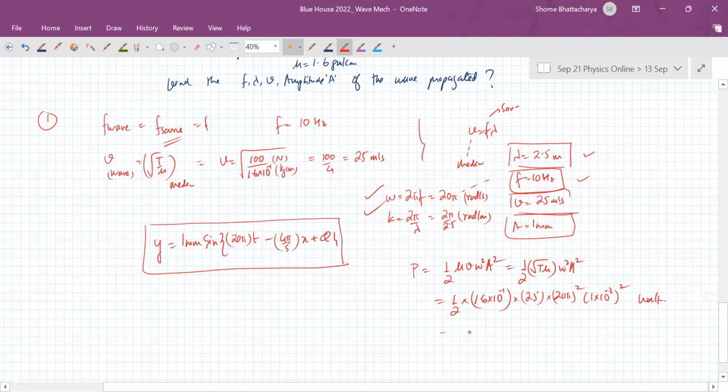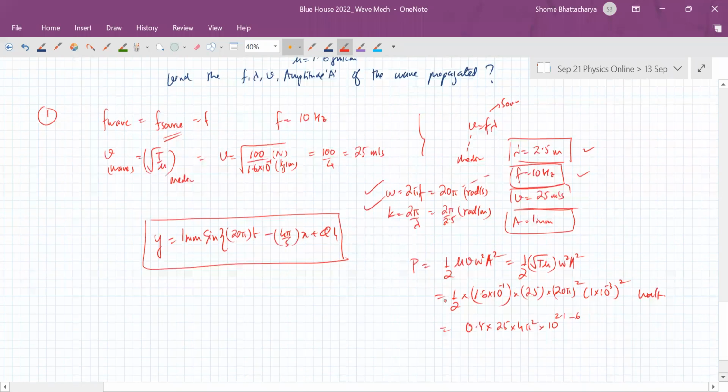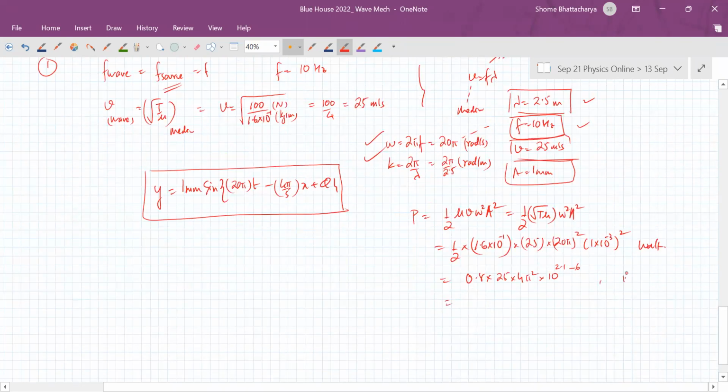Okay. So you can see that it is 0.8 into 25 into 4 pi square into 10 raised to power. We have 2 from here, minus 1 from here, and we have minus 6 from here. So 100. So we can take pi square as almost 10.